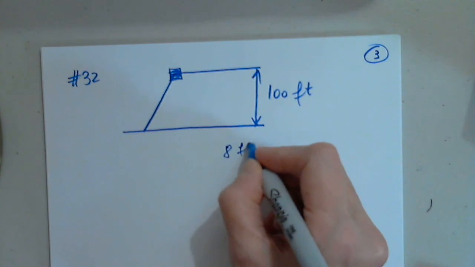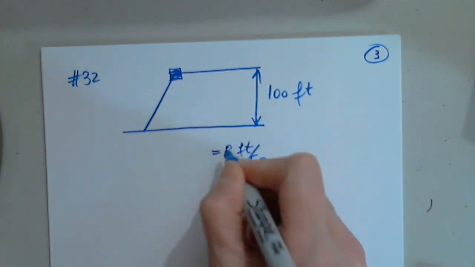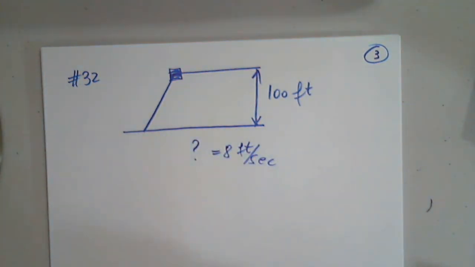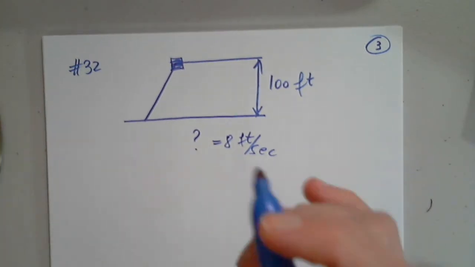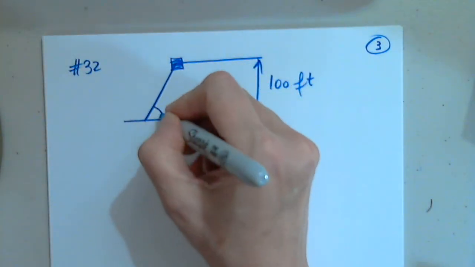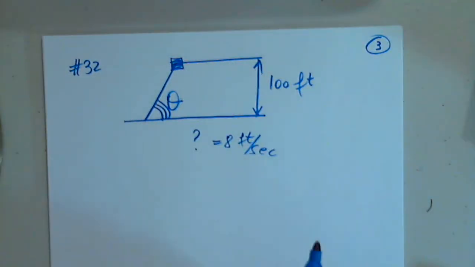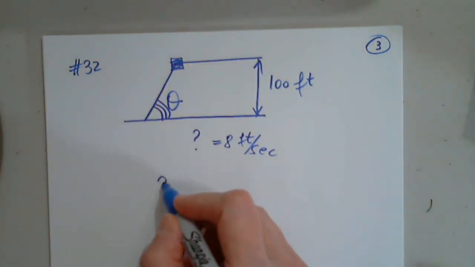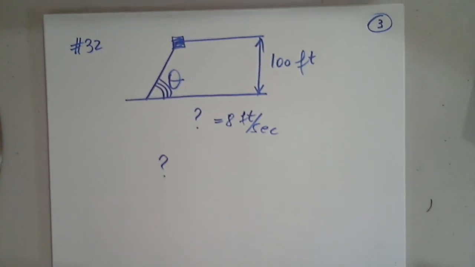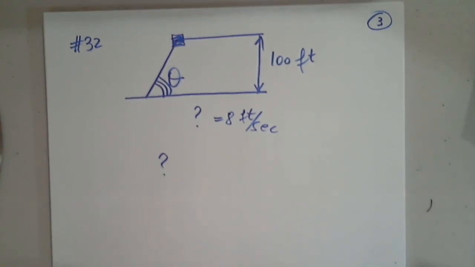So 8 feet per second must be something, and we'll see what it is in a moment. At what rate is the angle between the string and the horizontal, theta, decreasing, when 200 feet of string has been let out? Okay, very good.